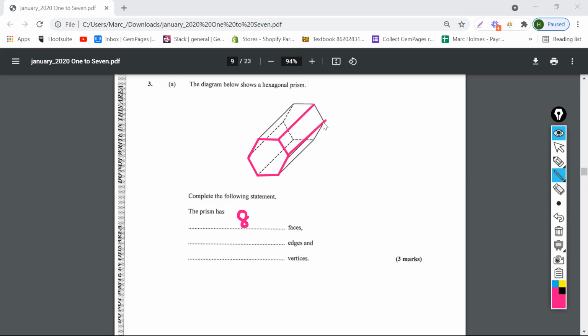This is 8 edges. This is 9 edges. This is 10 edges. This is 11 edges. This is 12 edges. Well, I'm going back a bit. Yeah, 12 edges. And then this is 13, 14, 15, 16, 17, and 18 edges.